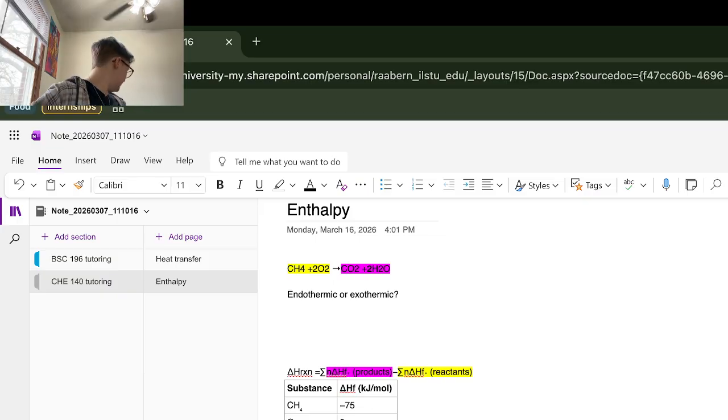That's not entirely the most important thing for you guys. So then that equals, and I will get out my calculator, and I would definitely suggest that you guys do the same, just so you can also get some practice to make sure you won't mistype anything on the exam. So it's negative 394 plus 2 times negative 286.